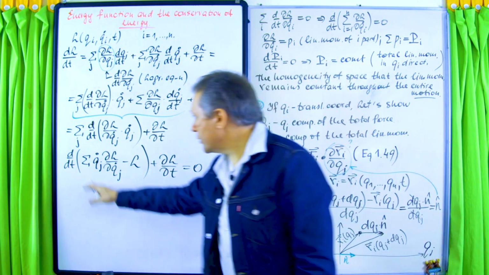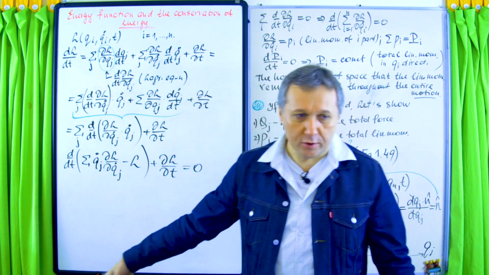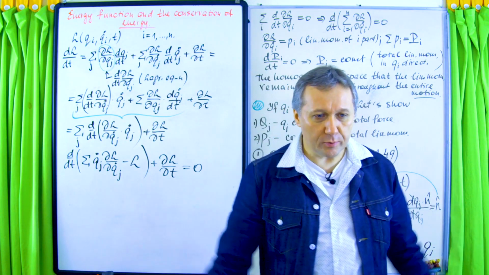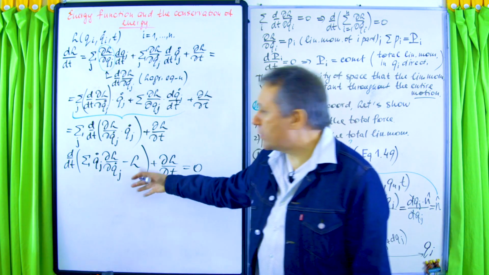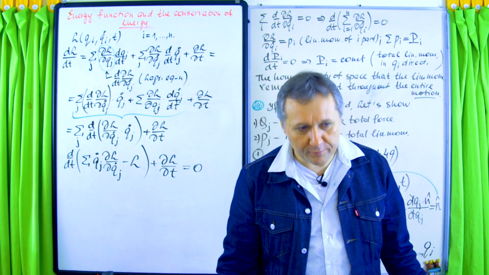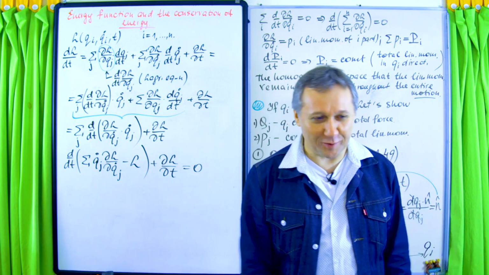Okay, so now we haven't done anything except for just natural manipulations. We ended up with some new construction which we've never seen. First time in our life, let's call it this way, right?